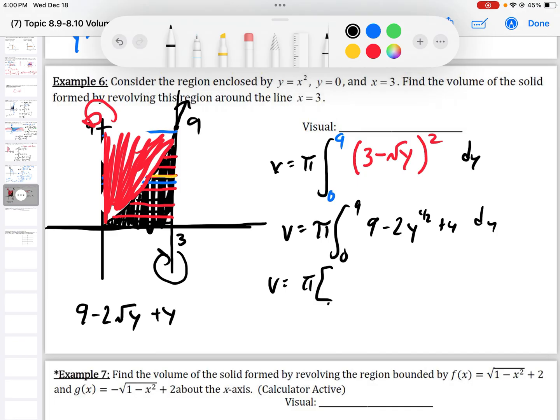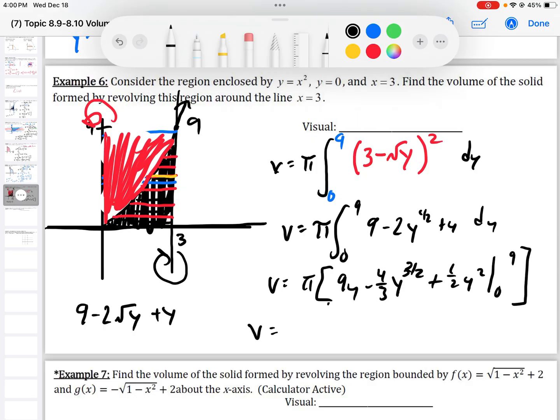Volume is equal to pi, 9y minus, add 1, so it'd be 3 over 2. Multiply by the reciprocal, 2/3. 2/3 times 2 would be 4/3. Plus 1/2 y squared, evaluated from 0 to 9.